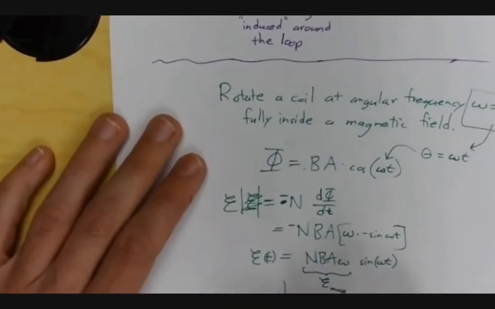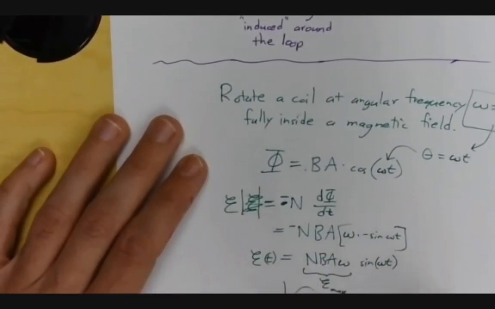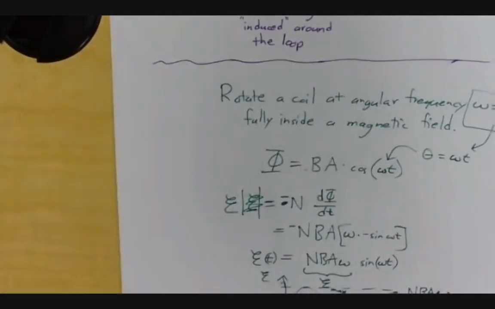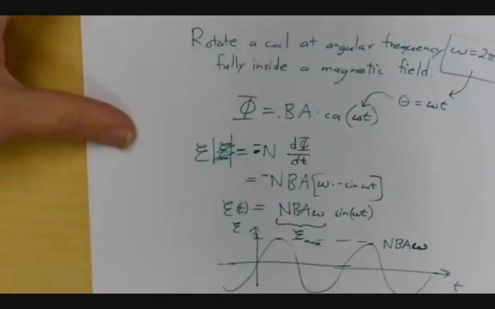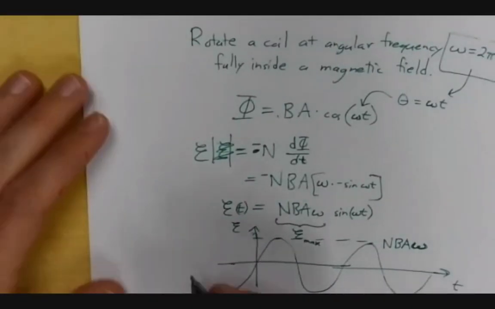We're going to be getting this kind of output where these peak values are N number of wrappings, B magnetic field strength, A area of the coil, times something proportional to how fast you're rotating it. If you want to write 2 pi f, write 2 pi f. If you want to write 2 pi over T, you could write 2 pi over T. And that would be basically a generator.